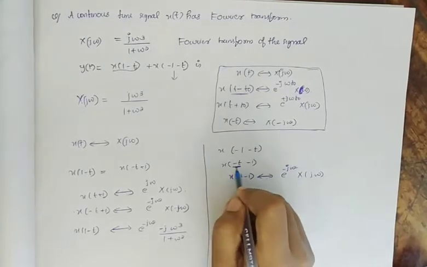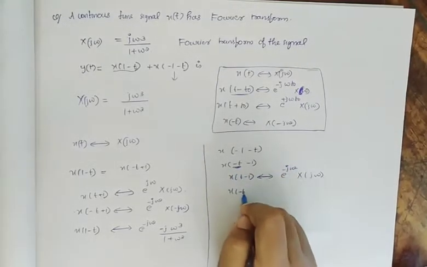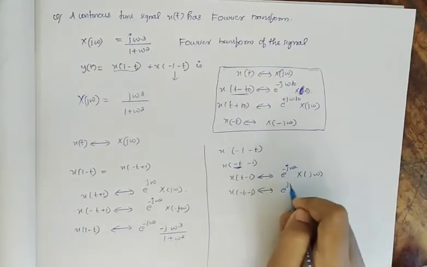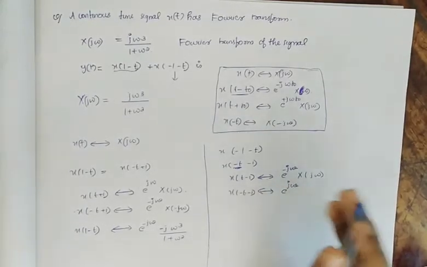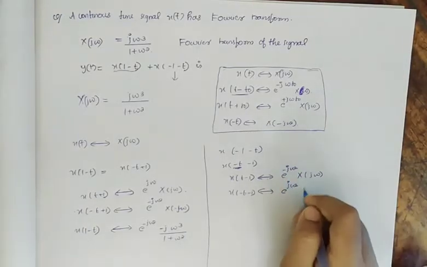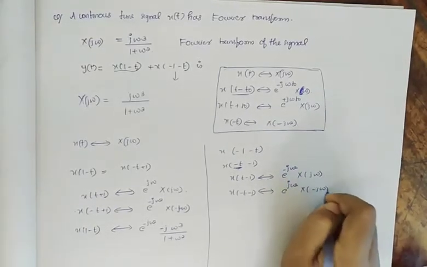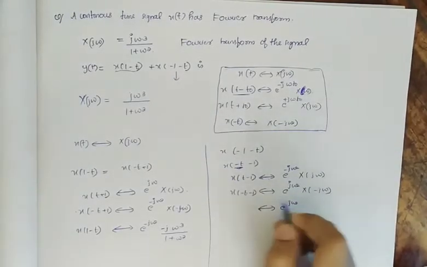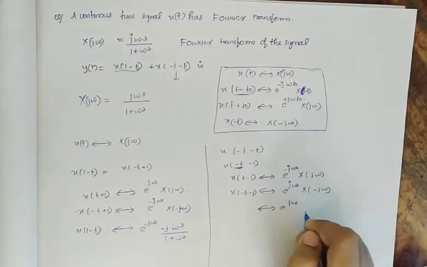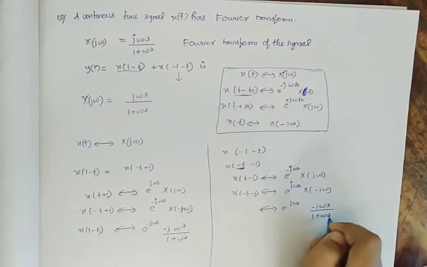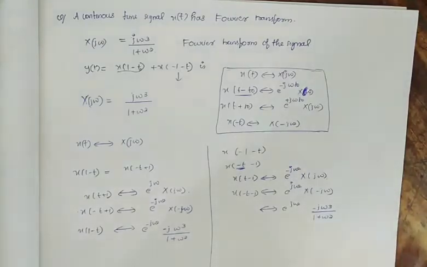And it is actually minus t, right? So x of minus t minus 1 will be equal to e raised to j omega, since omega will be turning to minus omega. So minus of minus omega will be plus omega, and here also minus j omega. So the answer will be e raised to j omega times X of minus omega, which is minus j omega cubed divided by 1 plus omega squared.